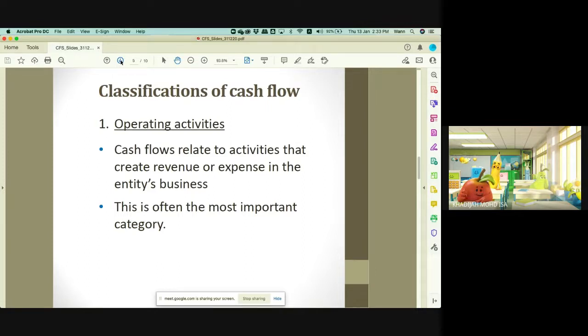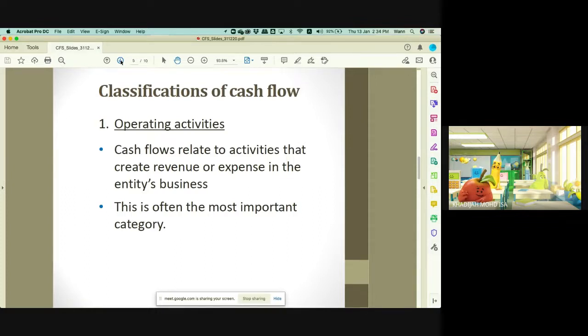Cash flows could be inflows or outflows. Inflows are a positive figure, but outflows are shown in a bracket, a negative, meaning cash outflows. All these are related to activities that create revenue and expenses in the entity's business, and is often the most important category of your cash flow.